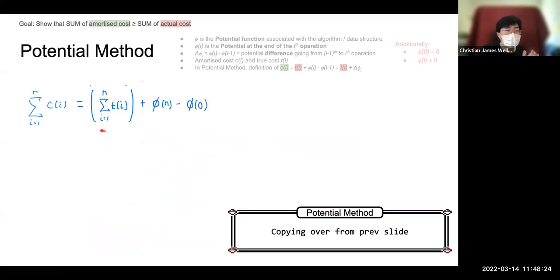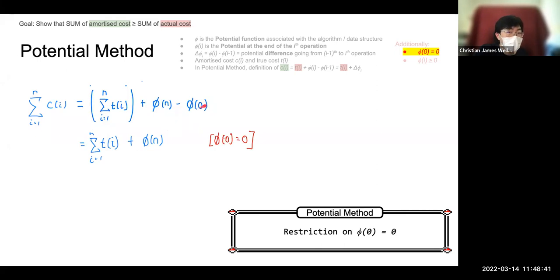Taken from the previous slide, this is what we have so far. The sum of amortized costs on the left-hand side is equal to the sum of actual costs plus these two terms. We know that phi of 0 is 0, which is the condition that makes it convenient, so this is just minus 0.